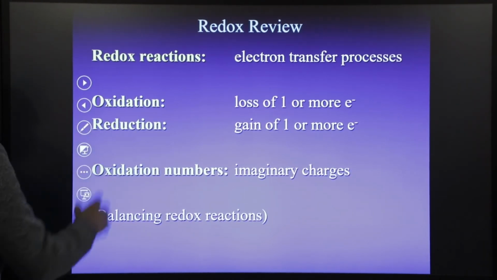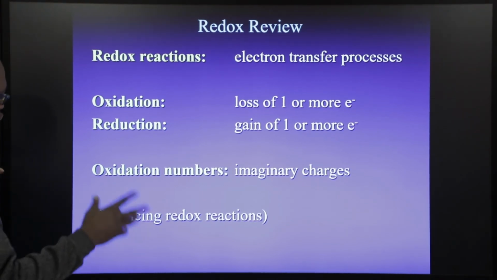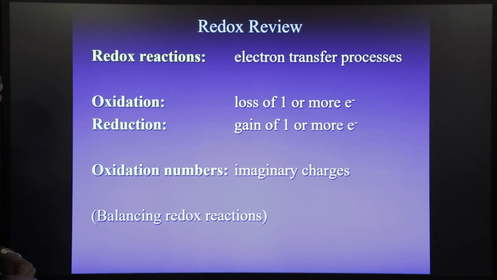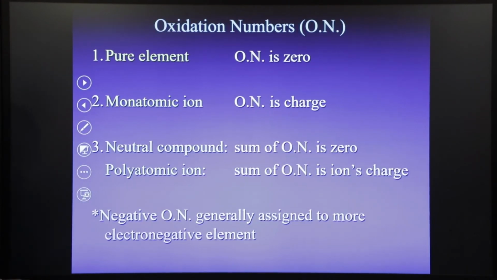We consider the redox reactions where we transfer electrons through the processes we have highlighted earlier on, and we assign oxidation numbers, which are imaginary charges, which we have to balance as we carry out the reactions of the material. So what are oxidation numbers?